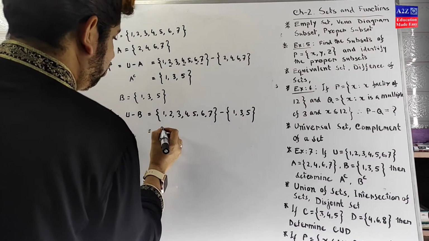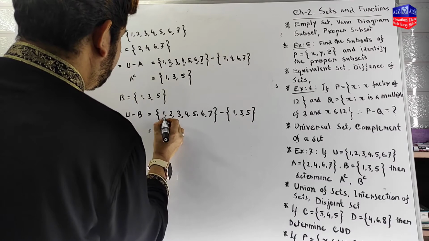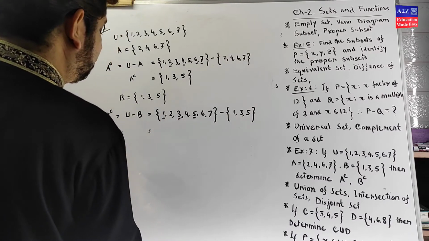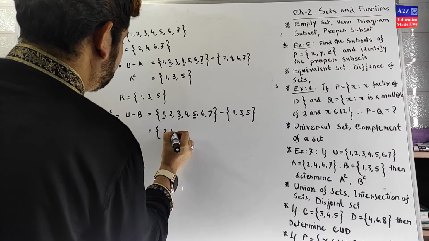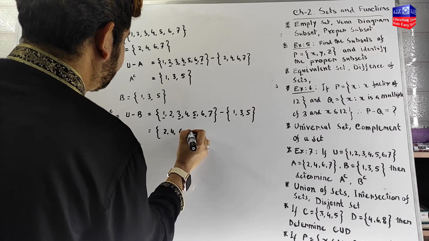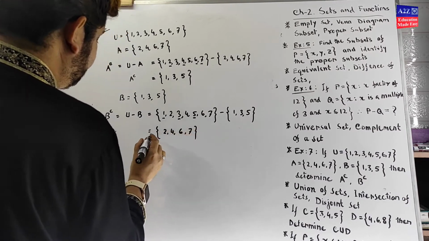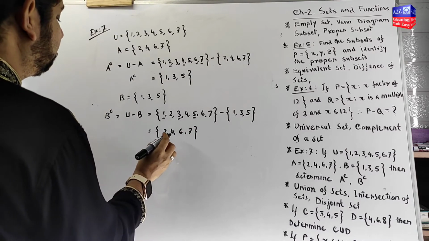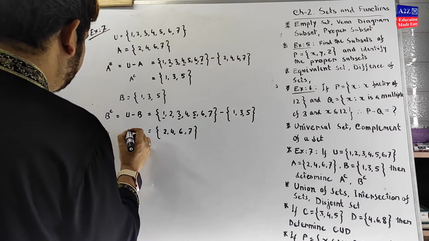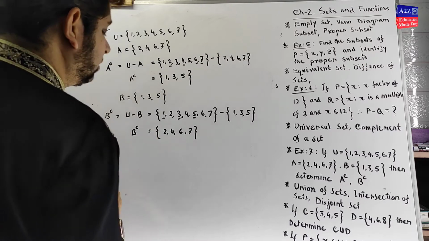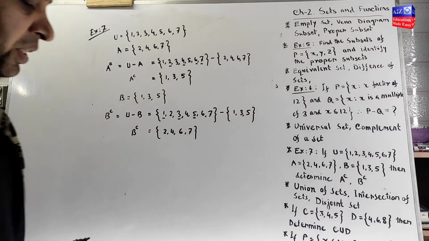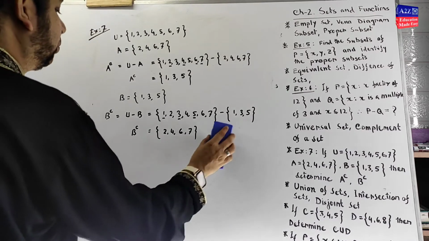So try to find out the common elements: 1, 3 and 5 are the common. So the remaining elements will be 2, 4, 6 and 7. This is basically the complement of B set, which is denoted B superscript C. Okay, I hope this is also very much clear to you.